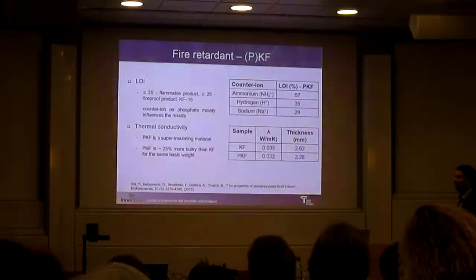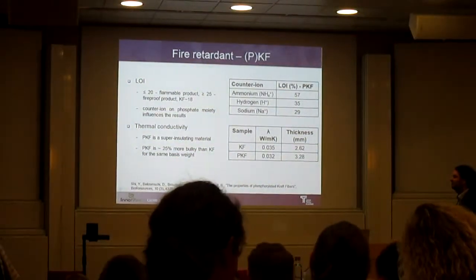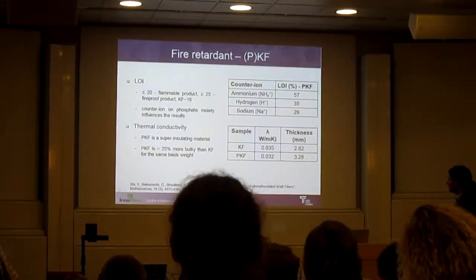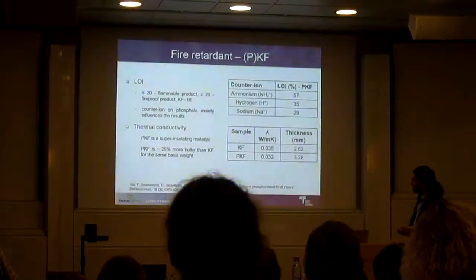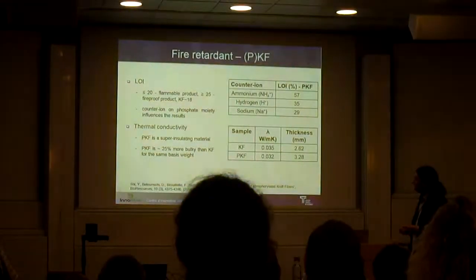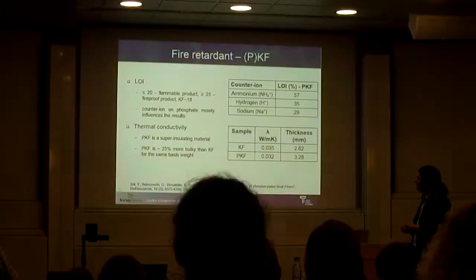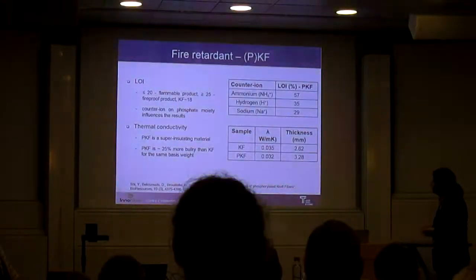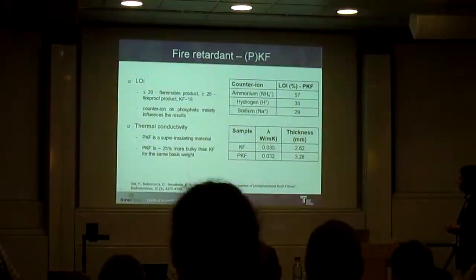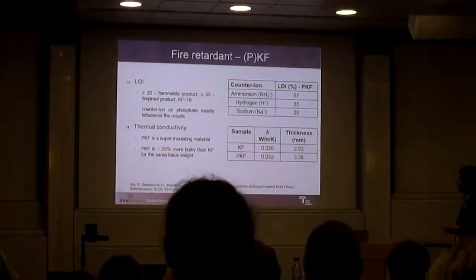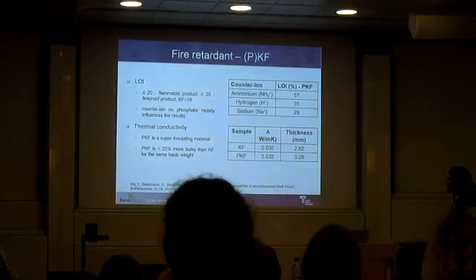Another positive factor that phosphorylation gives to the fiber is that PKF is a super insulating material in terms of thermal conductivity. Its thermal conductivity is even lower than the unmodified fibers. Why?